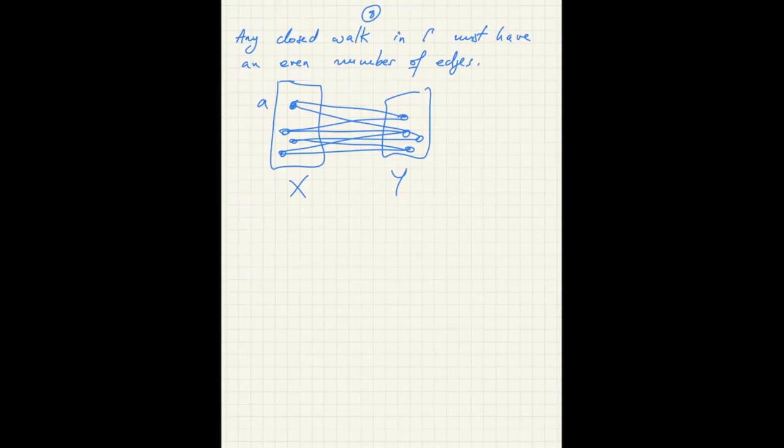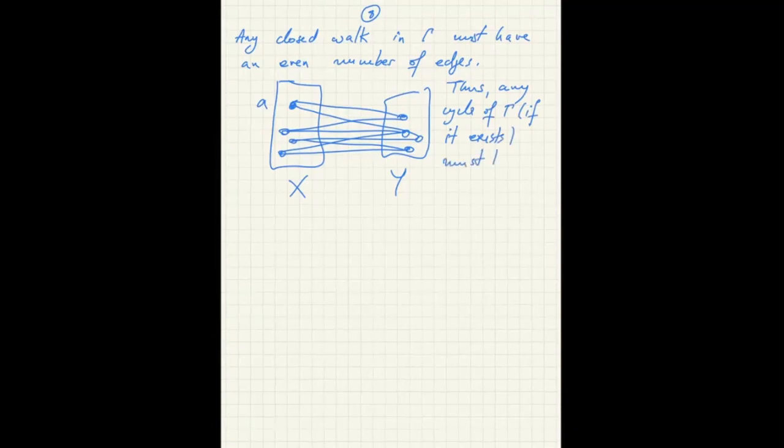So that means that any cycle of gamma, if it exists, must have even length.